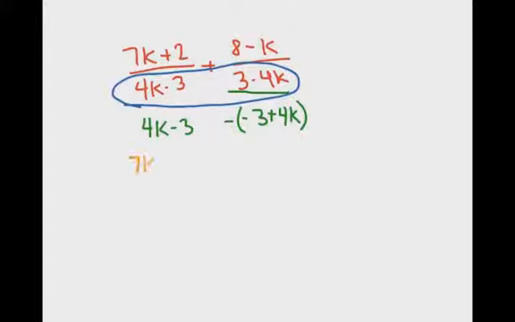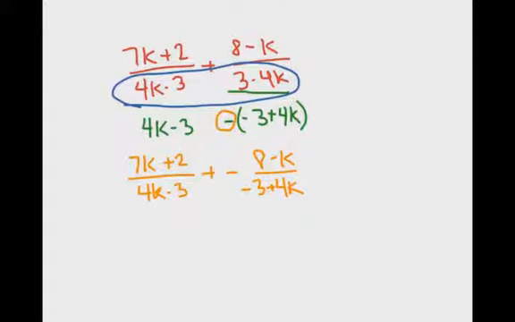So we have 7k plus 2 over 4k minus 3 plus, and think about fractions, even though we have a negative on the bottom here, the negative can go either on the top or the bottom, it doesn't matter. I'll just write it out front here. A negative 8 minus k over negative 3 plus 4k. Okay.